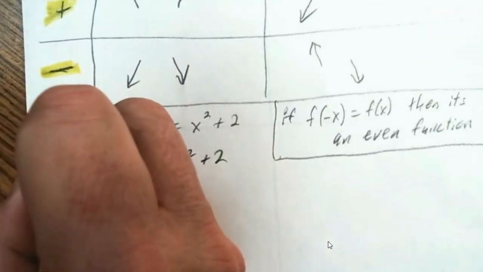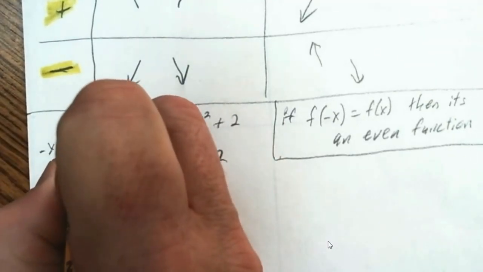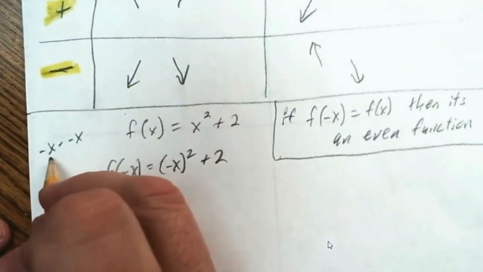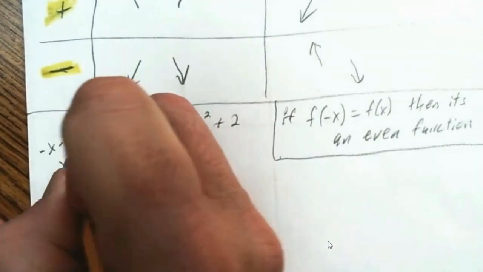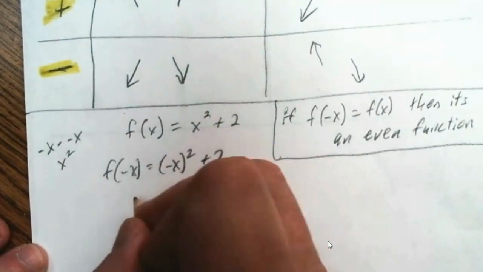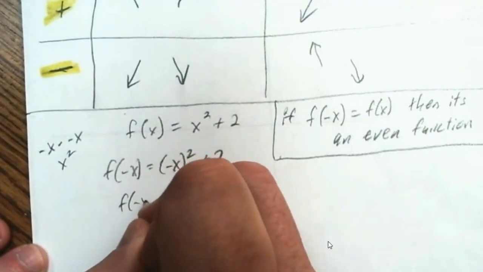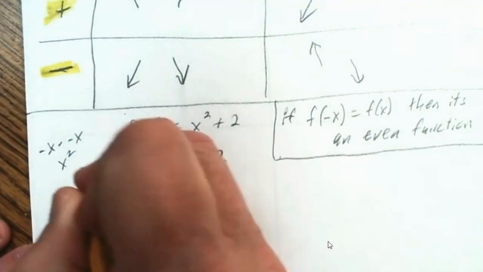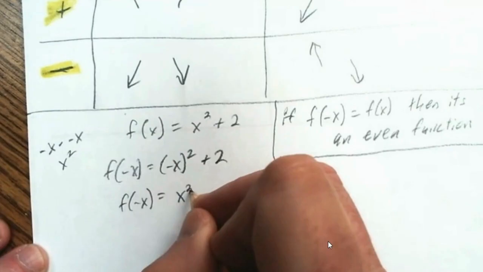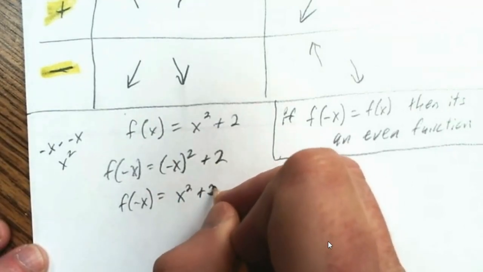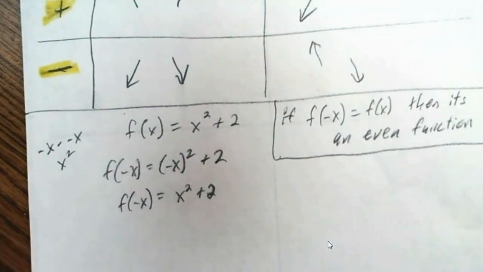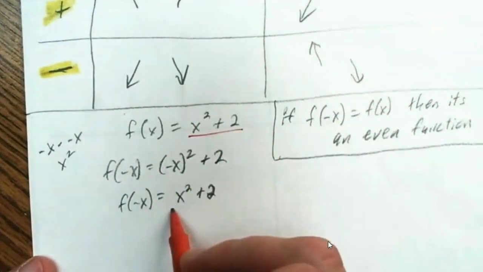Well, negative x times negative x. So negative times a negative, that's just x squared, right? So f of negative x equals x squared plus 2. It's exactly the same.